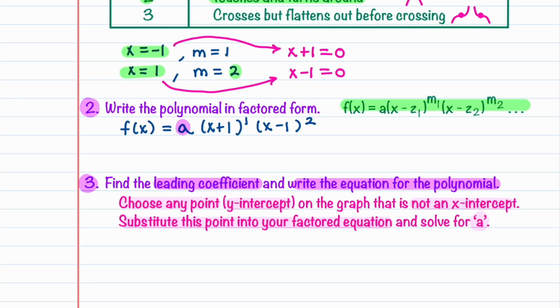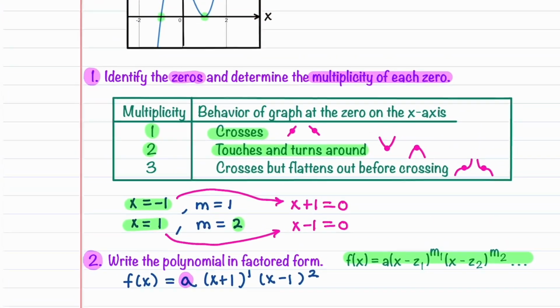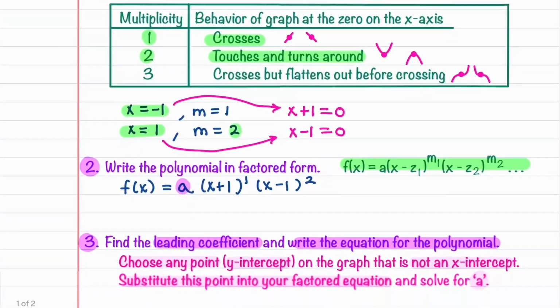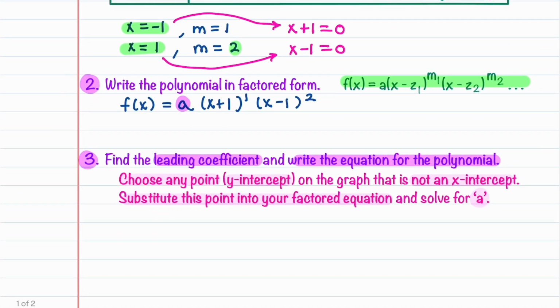Let's go back up here to the top and look at our graph and see what point we can use. We want to use the y-intercept if possible, and in this graph that is possible because our y-intercept is y is equal to 2. Let's go back down here and write this point down. We have when x is equal to 0, our f of x is equal to 2.